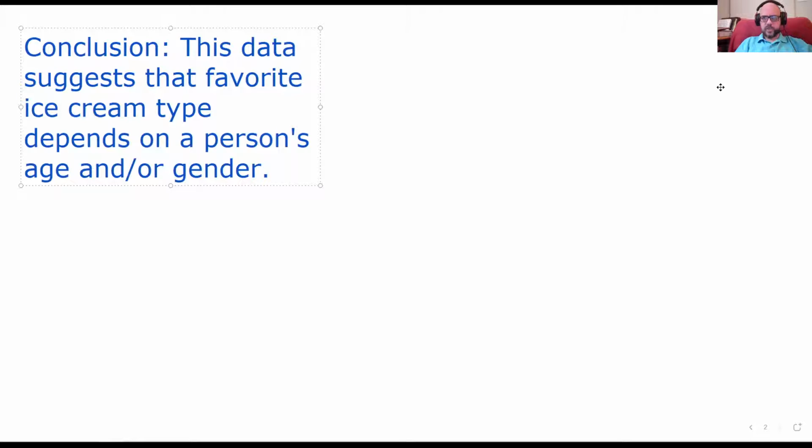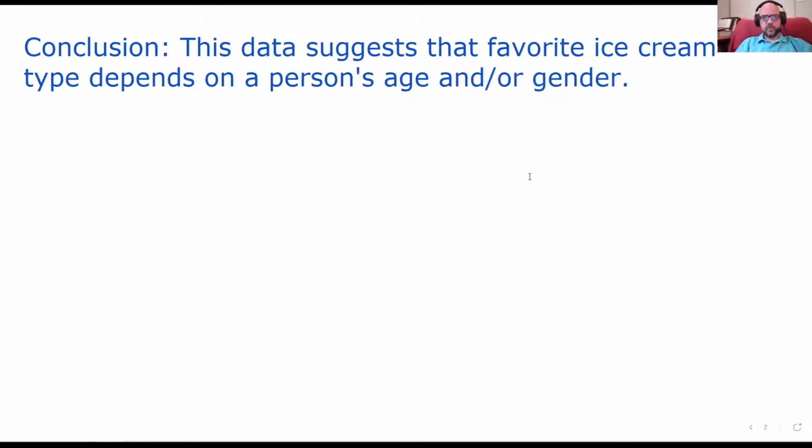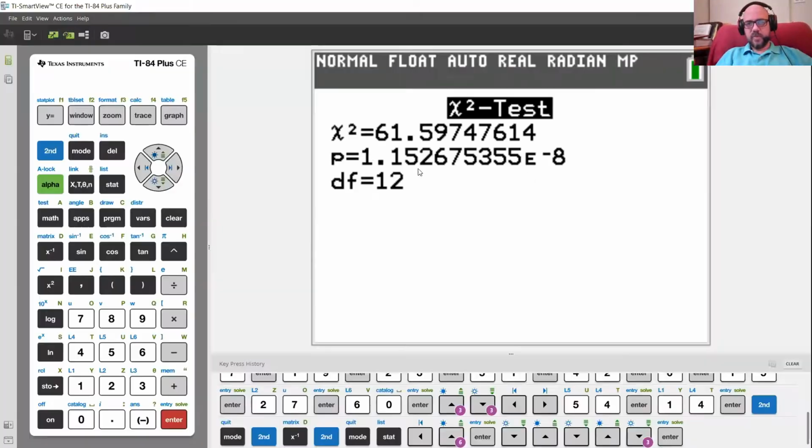There's my conclusion. That looks like a perfectly good conclusion. Okay. So that's how you do the basic test of association. Notice I had a really tiny p-value. So we rejected the null hypothesis.